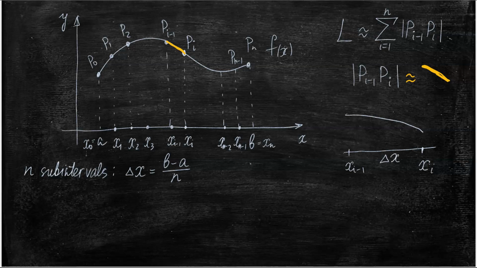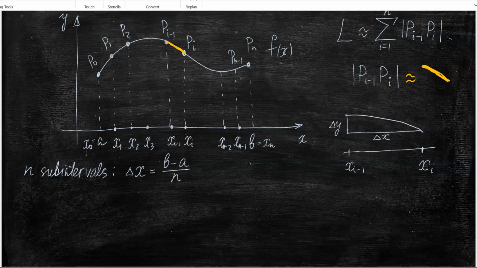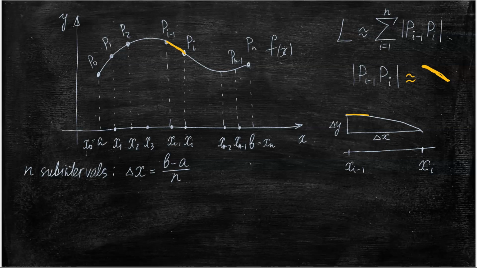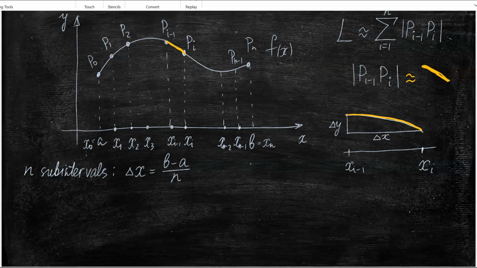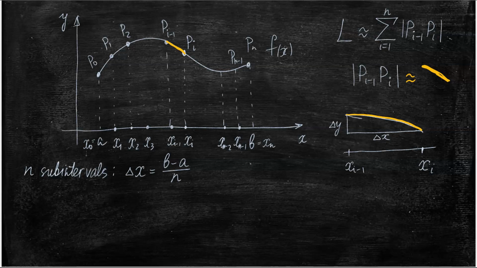And if we temporarily label this as delta y, then the length of this orange segment can be approximated with the length of this hypotenuse.